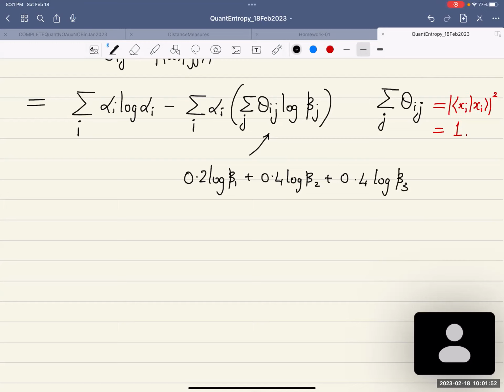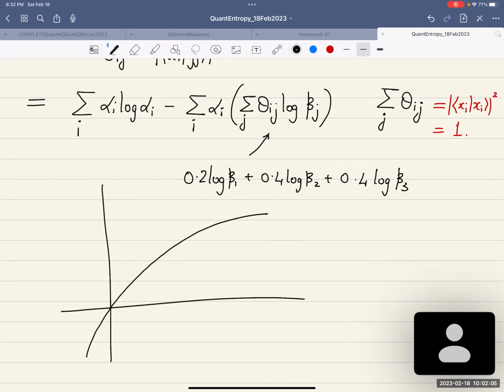So when I sum over j of theta, I get 1. So what am I doing? I have this log function, right? And I'm looking at the chord. So this is your beta 1, this is your beta 2.